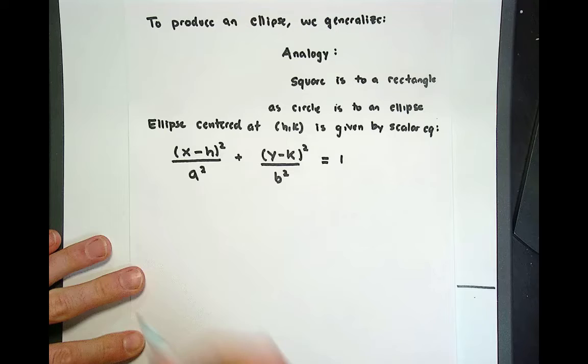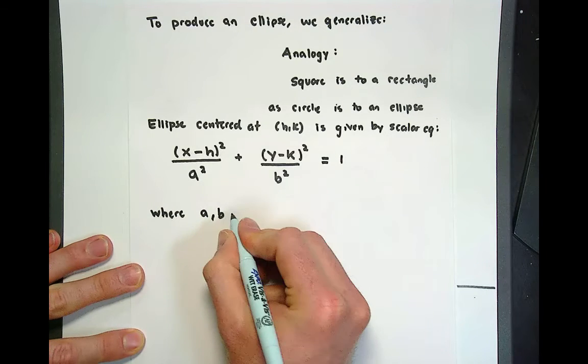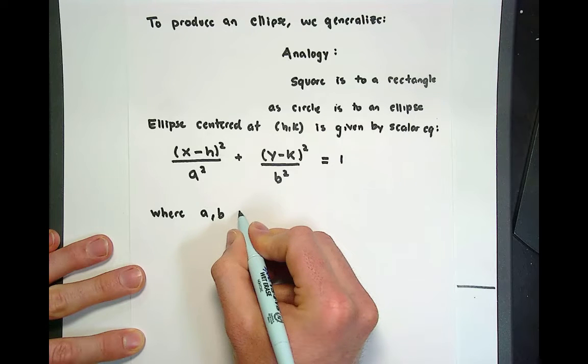And the reason that this is really important, of course, we have the assumptions that a and b are non-negative real numbers.